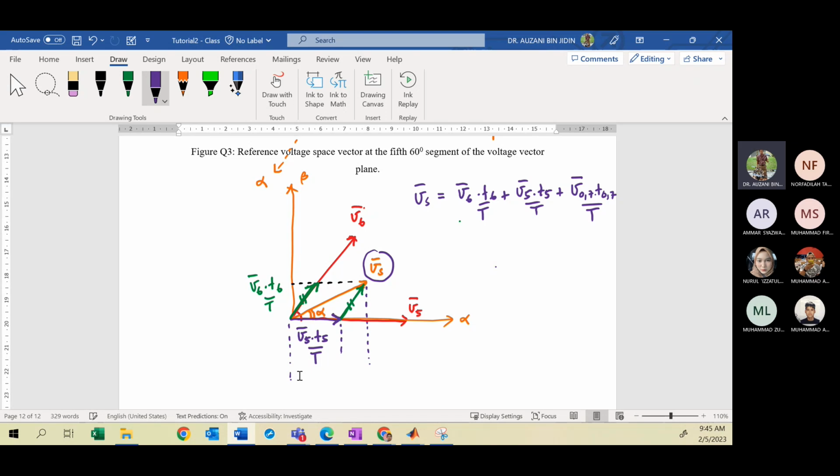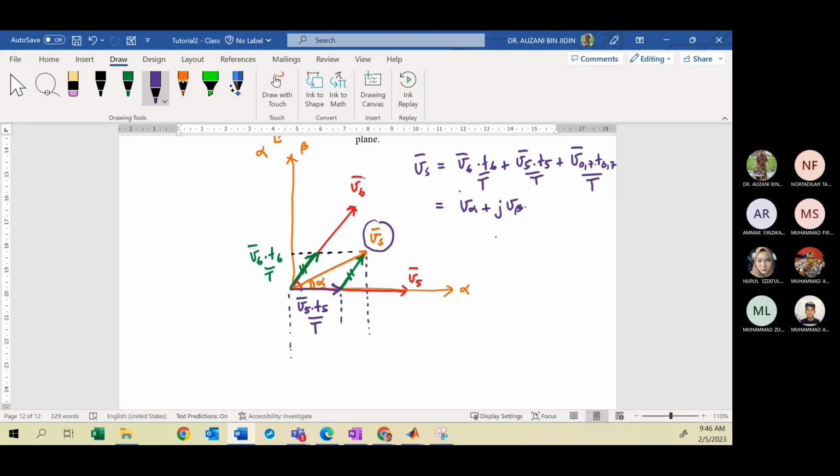So remember to produce Vs, you can rewrite the equation as V alpha plus J V beta. So your V alpha we define between these two lines, right? So this is your V alpha. Okay, clear?